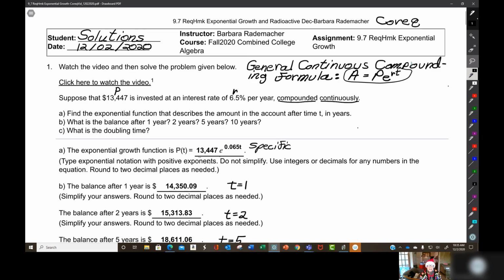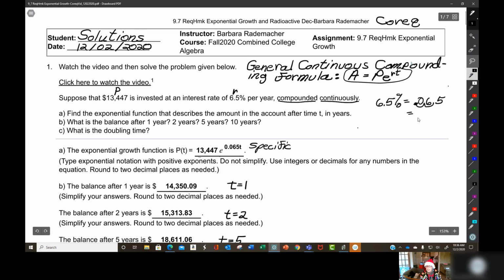So, for instance, the principal is $13,447, and the interest rate is 6.5%, which is 6.5, but the decimal point is moved 2 places to the left.